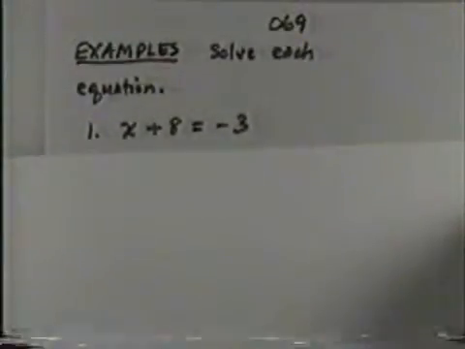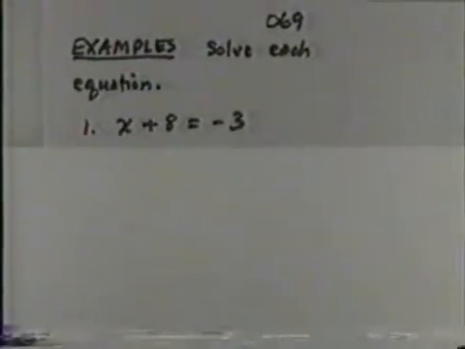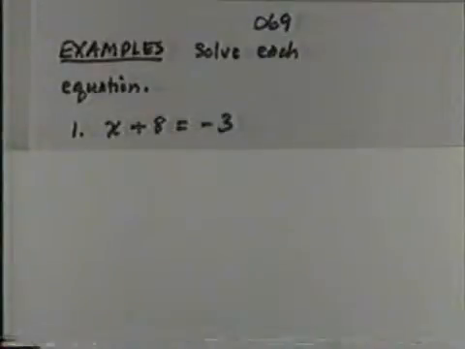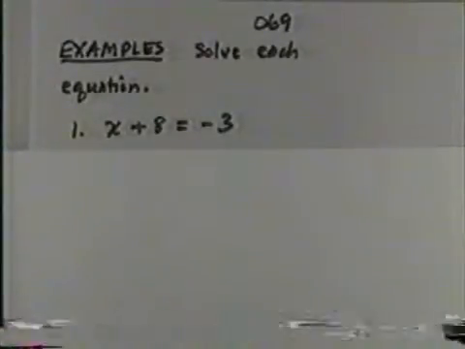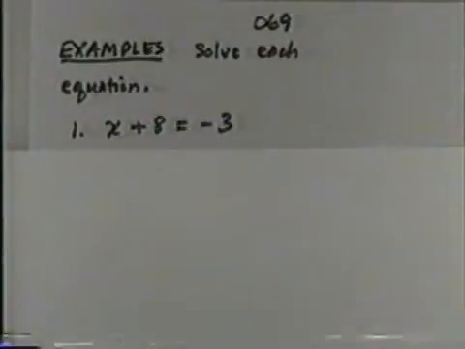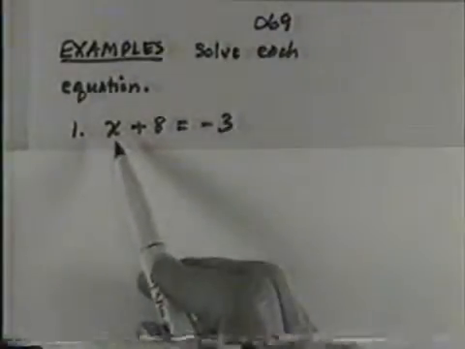In our examples, we want to solve each of the equations that's given. Let's begin with x plus 8 is equal to -3. We want to get the variable by itself.